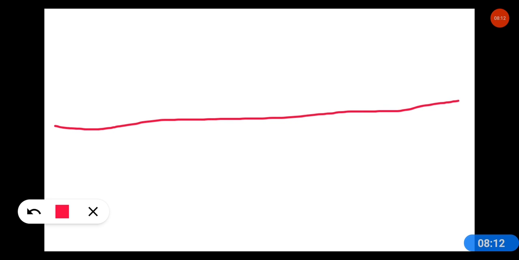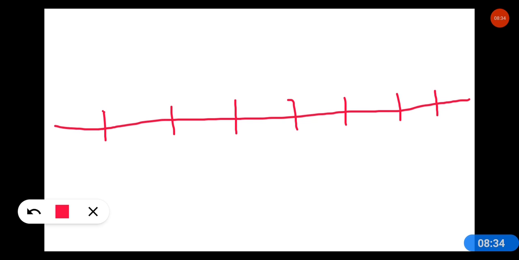How will we do it? We'll draw a straight line, and we divide it into equal parts. 1, 2, 3. Right? This way we draw the timeline.